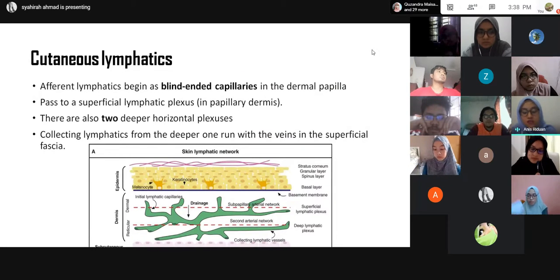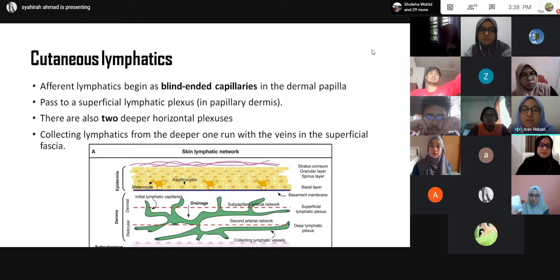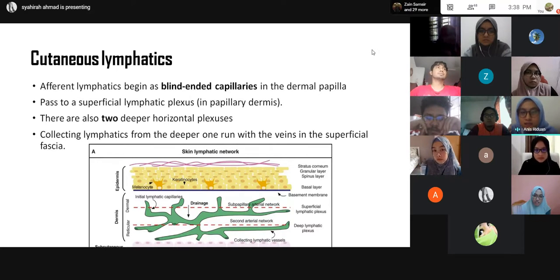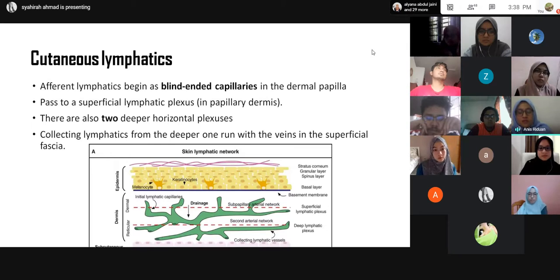So next is the cutaneous lymphatic system. The efferent lymphatics begin as blind-ended capillaries in the dermal papillae, and the lymph from these passes to the superficial lymphatic plexus in the papillary dermis, which can be found near the superficial vascular plexus.